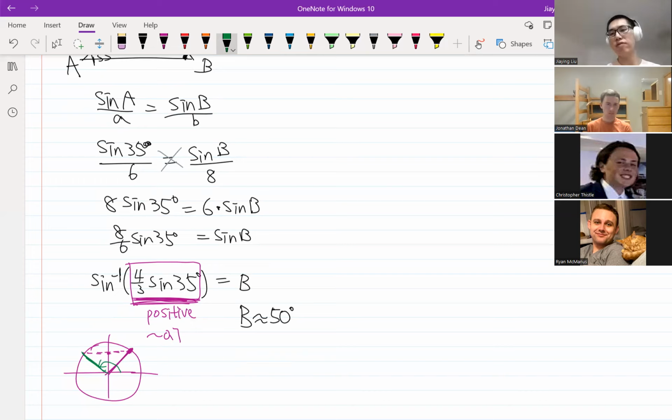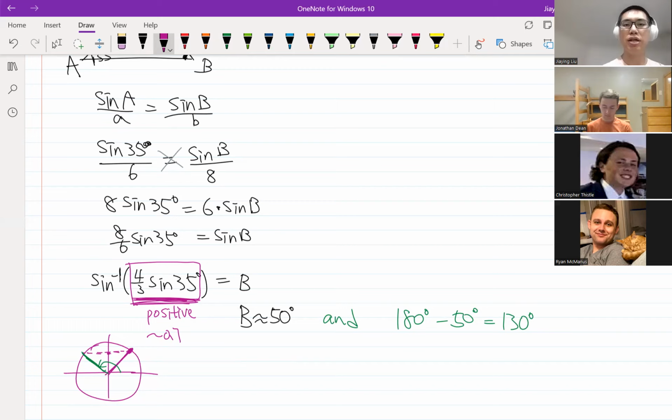So in this case you have to find both values. We found one is 50. Now, how do we find the second angle? The second angle is just going to be 180 degrees minus 50, which is 130 degrees. So this is a very important step to do.